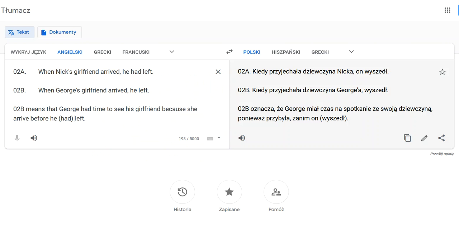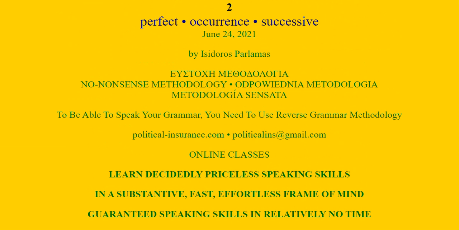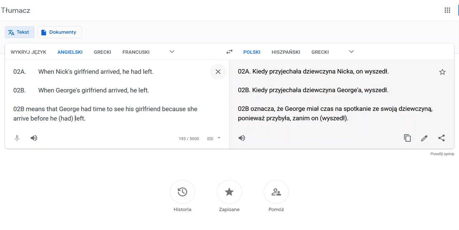So this is the concept of successive. Okay, successive actions or incidents take the simple tenses. Let's do some more examples.